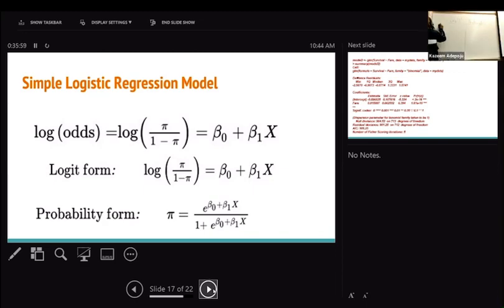Odds: chances in favor of an event, and chances against it. But what about probability? This is the likelihood of occurrence of an event.